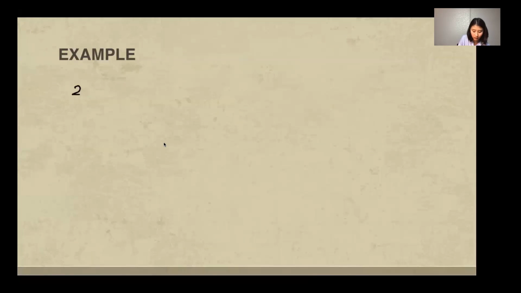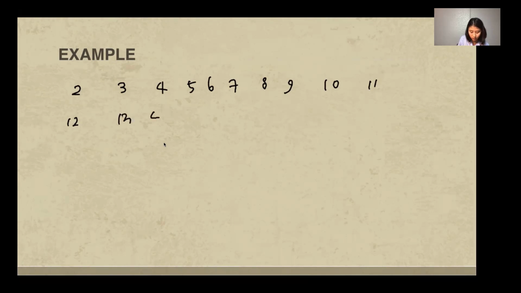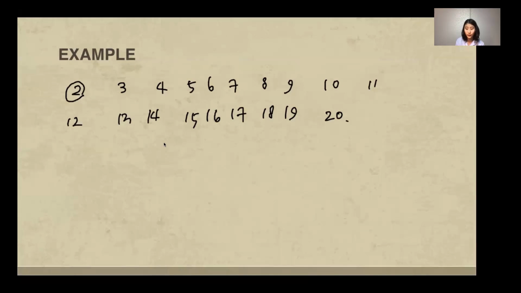So let's do that. 2, 3, 4, 5, 6, 7, 8, 9, 10, 11, 12, 13, 14, 15, 16, 17. Okay, so we're going to start with the first number, 2, and cross out all the numbers divisible by 2.